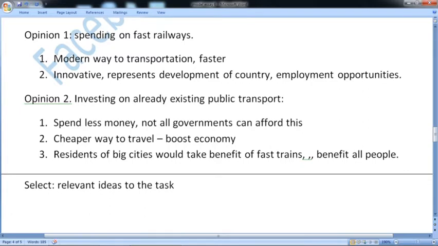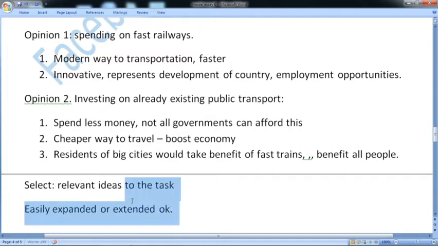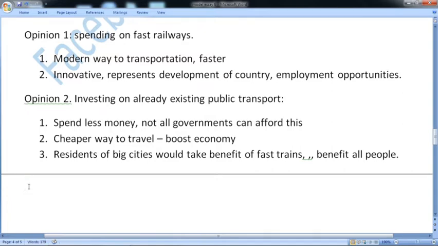And number two, you should select those ideas that can be easily expanded or extended, okay. So my ideas are relevant here, and I can expand them easily without any problem.